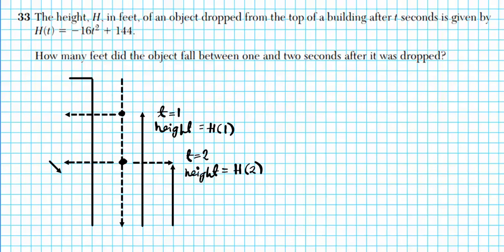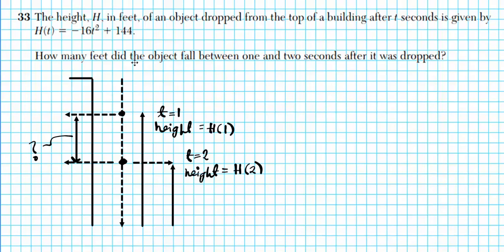So let me show you what I'm talking about. So here is how many feet it fell. So this is what we're looking for, okay? All right. Now to compute this, how are we going to figure out what this is? Well, the height at t equals 1 is h of 1. Height at t equals 2 is h of 2.